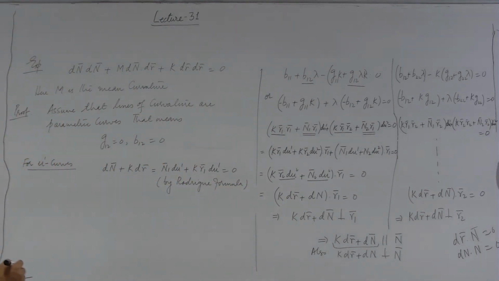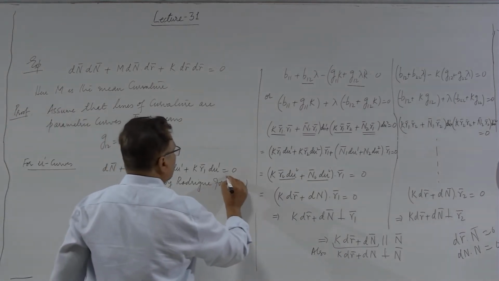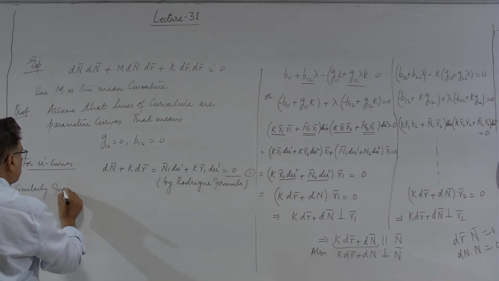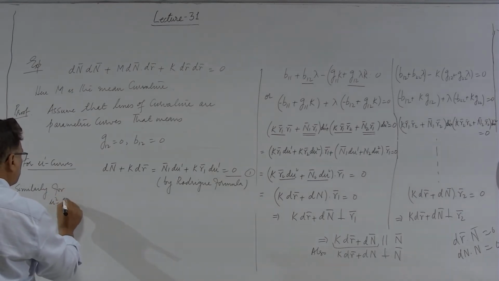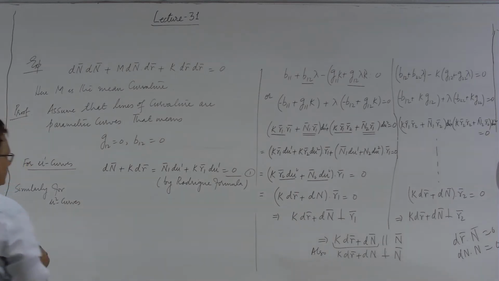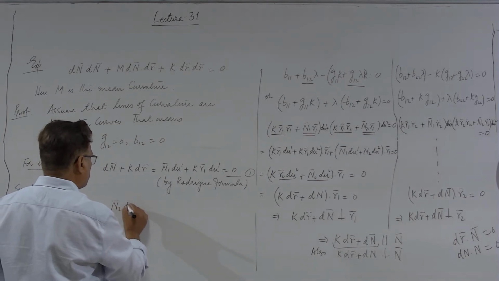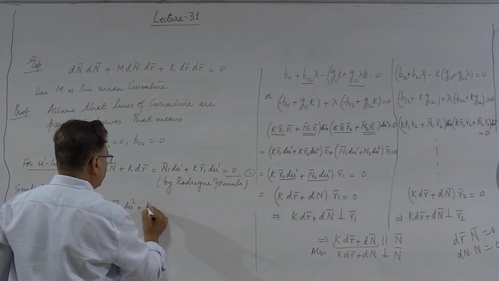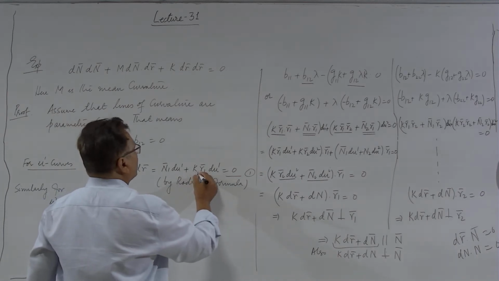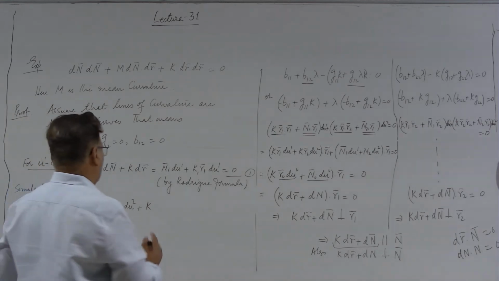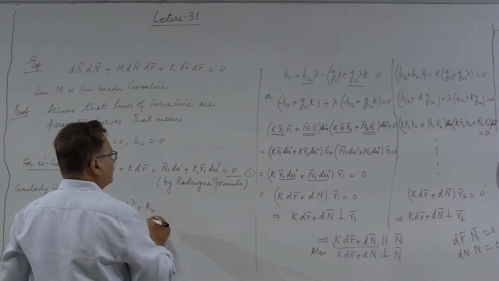And similarly, for u 2 curves, you may call it number 1. Similarly, for u 2 curves, we will be having n 2 du 2 plus k times r 2 du 2 equal to 0, and let me denote this k by k 1 for the principal curvature along the u 1 curves, and this is k 2 to distinguish.